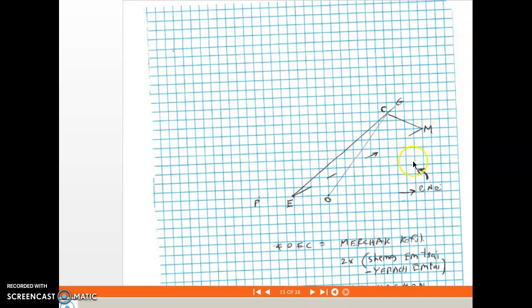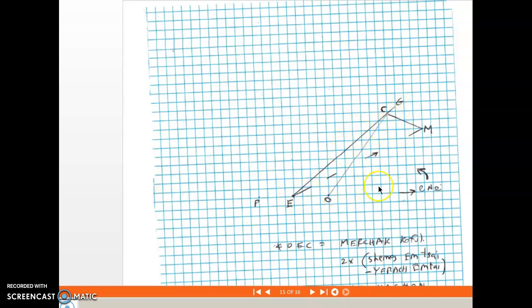So, we'll just say again, the sun is somewhere here. Why? Because the sun is always exactly in between C, E, O. Half of this angle.